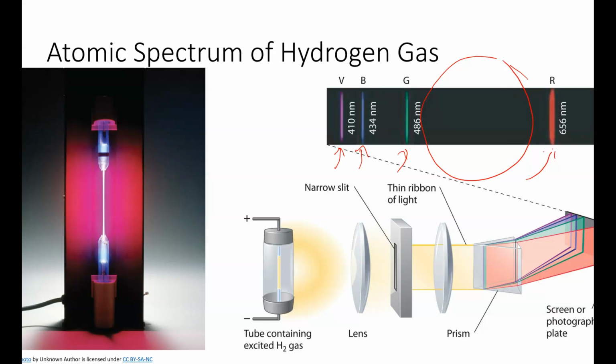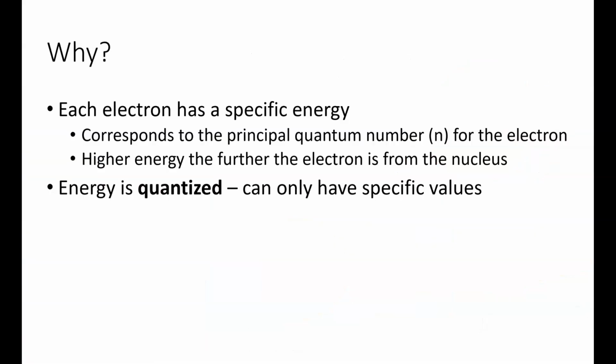So scientists wondered, why is that? Why are we getting these very specific spectra from elements? And it's really because each electron has a very specific energy. These correspond to what's called the principal quantum number for the electron. So you can think about the principal quantum number as being essentially how far that electron is from the nucleus.